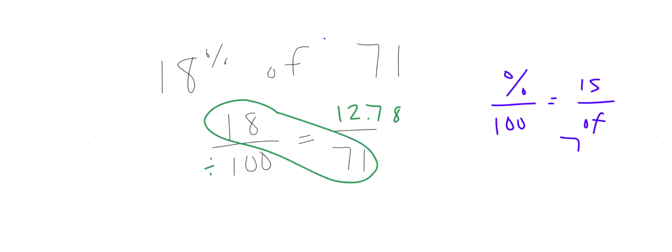And if you wanted to double check that using the decimal version or the fraction version, so a fraction, 18 over 100, but this time you're going to do multiplied by 71. So you have a lot of different choices. And what's really interesting with math is how do these choices relate to each other, right? How is this ratio the same thing as saying 18 over 100 times 71?